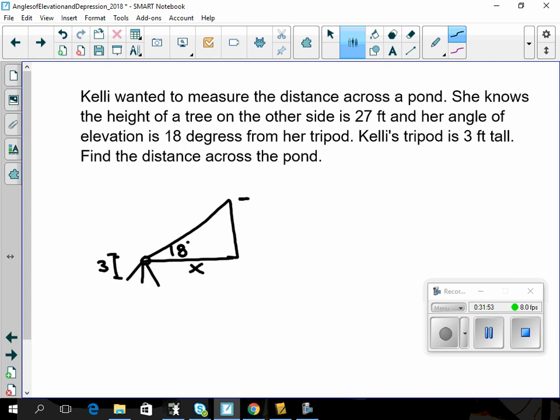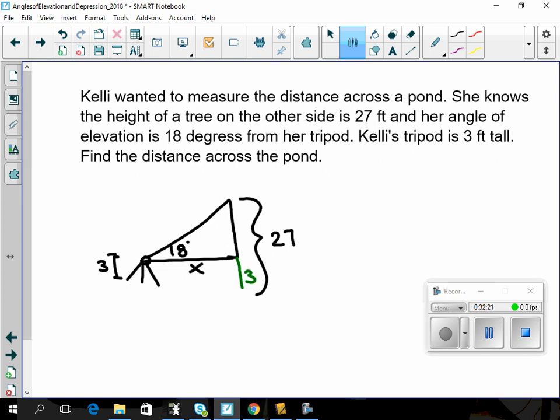27 is from here all the way down. Would you agree? Not just the triangle, but all the way from the top of the tree all the way down. So what number on the triangle are we actually going to use? We're not going to put a 27 on there. It's 24 because you have 3 feet from here to here.